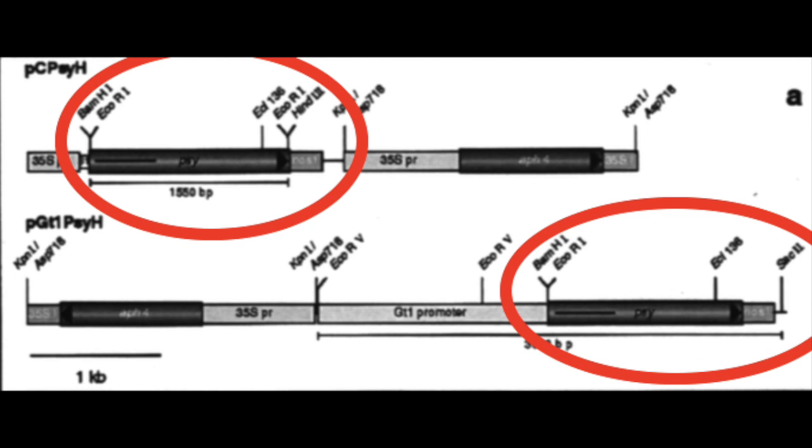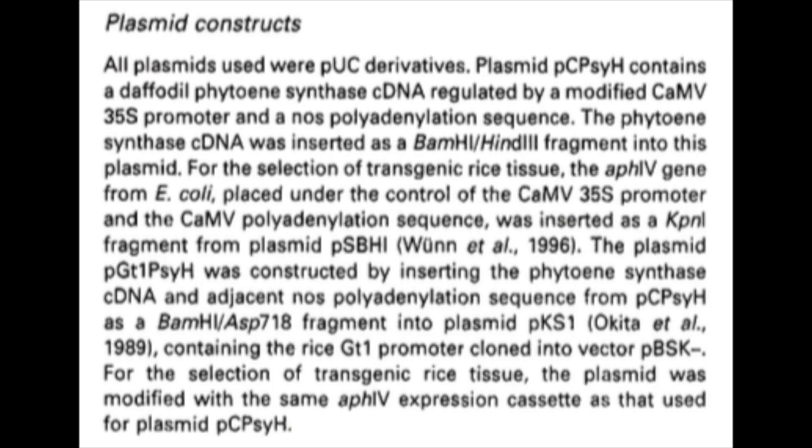Not only are two different restriction enzymes being utilized, either BamHI or HindIII, or BamHI and Asp718, depending on which vector you're using for the daffodil PSY gene, but specific promoters must also be added, and polyadenylation must also happen. The use of two different restriction enzymes is not ideal and was never even gone over in class, so I decided to use a more basic example that still gets the same ideas across.